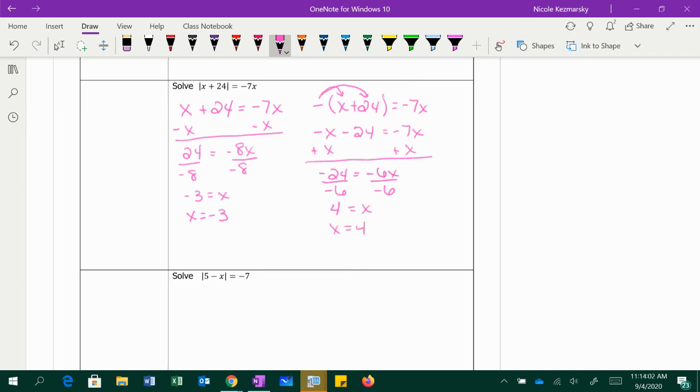All right, let's talk about these two solutions. One positive, one negative, and we're worried about negatives. If I take -3 and I plug it back in up here, is the right side of the equation going to be positive or negative? Well, I'm going to have -7 times -3, which is positive 21. That's okay. This one's good. If I do the same thing with the 4, and I take this and I put it in up here, -7 times positive 4 is -28.